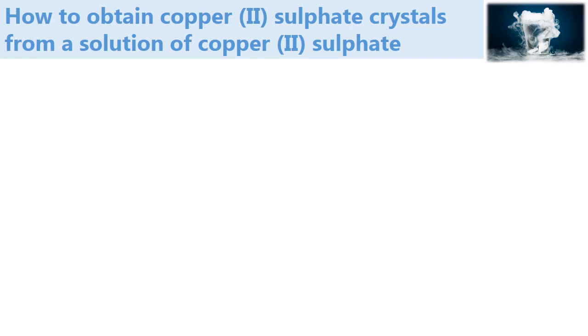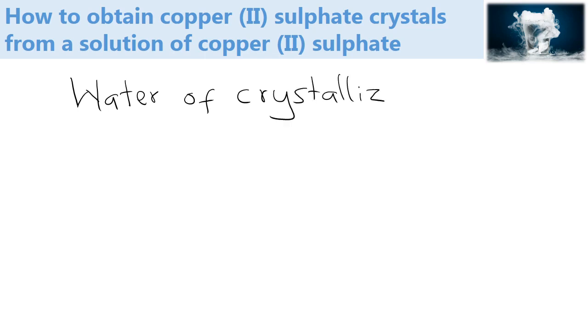Because copper 2 sulfate crystals have what we call the water of crystallization. That is the water in the salt structure or lattice.